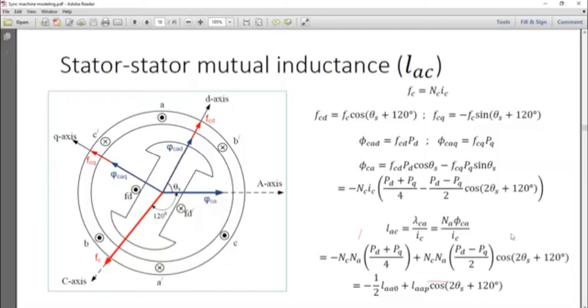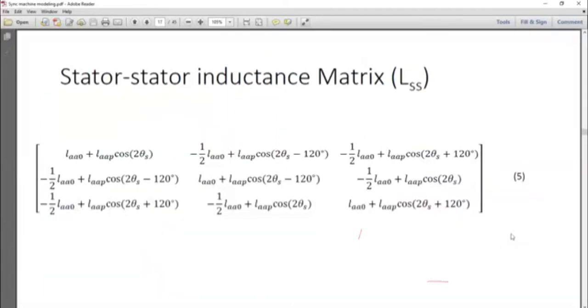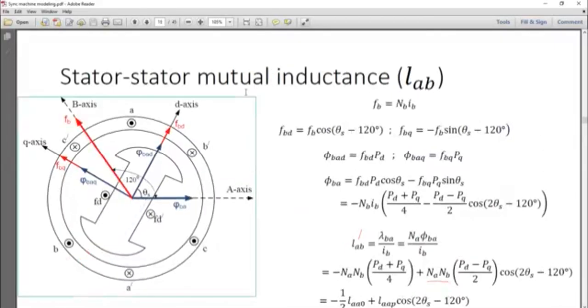So that is LAC. Once you are done with LAA, AB, and AC, we are in a position now to calculate the whole stator to stator inductance matrix. So the whole matrix here, 3 by 3, is basically LSS, the stator to stator inductance matrix.